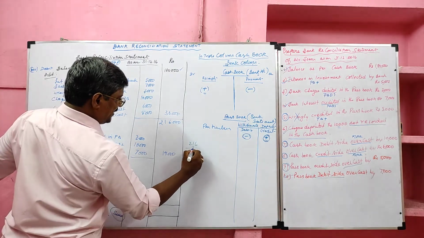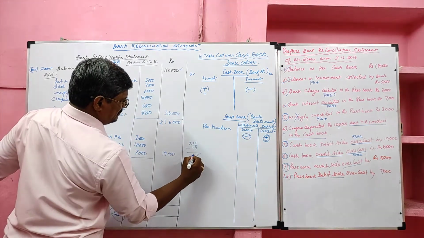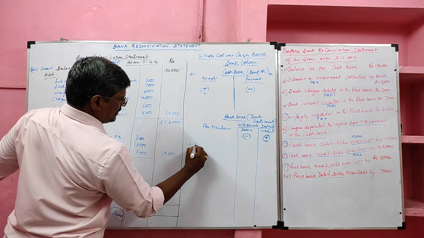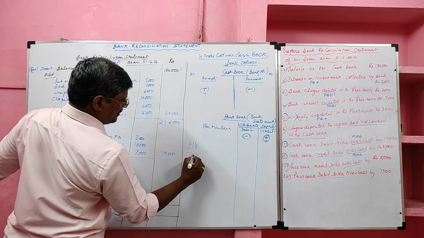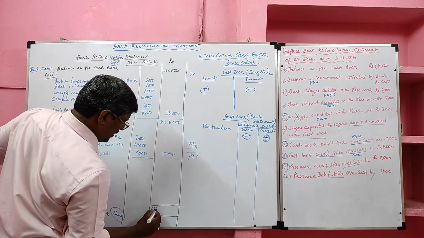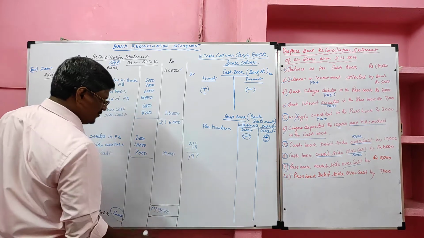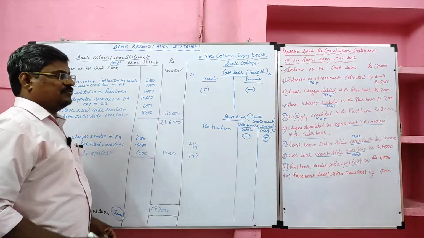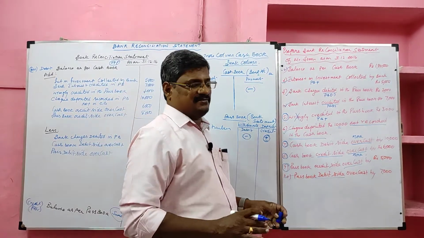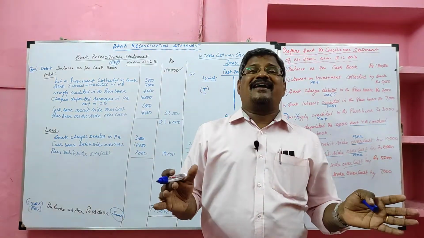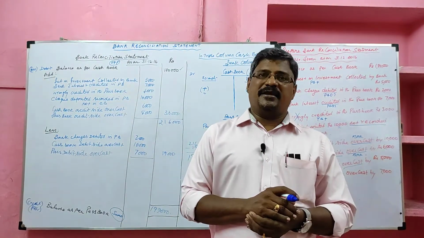So 216 minus 19, 197. So our credit balance as per passbook is 1,97,000. Students, listen carefully. In this problem, we learned undercast and overcast in relation to the BRS.